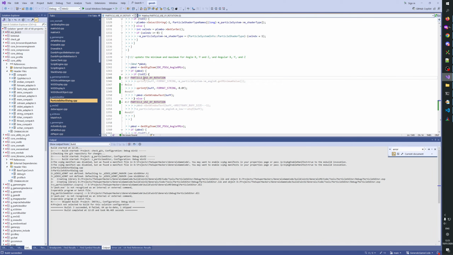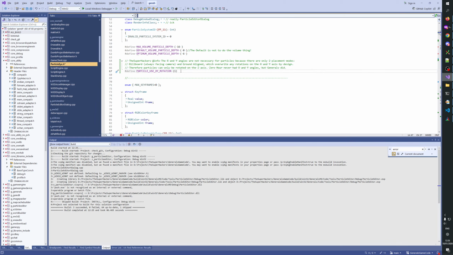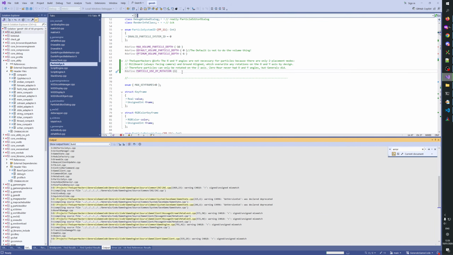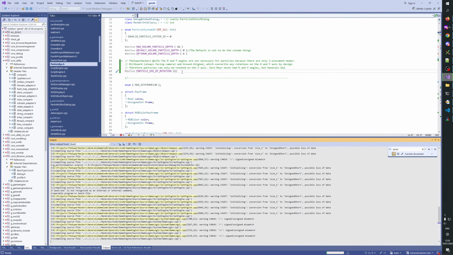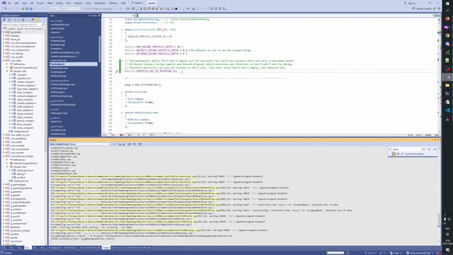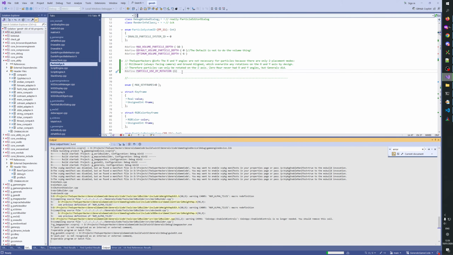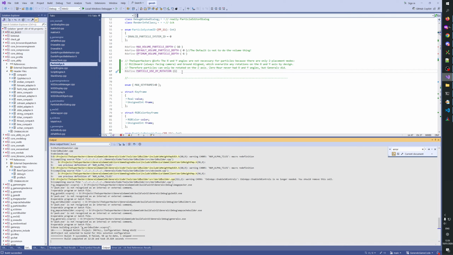Let's also check if it compiles if we set this to 1. Okay, it also compiles. It's most excellent.